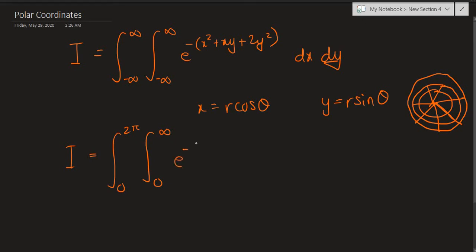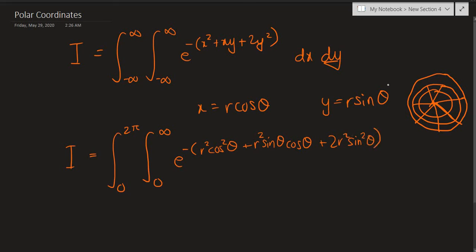And we have e raised to negative x squared is r squared cosine squared theta, and we have plus r cosine theta times r sine theta is r squared sine theta times cosine theta, plus 2r squared sine squared theta.